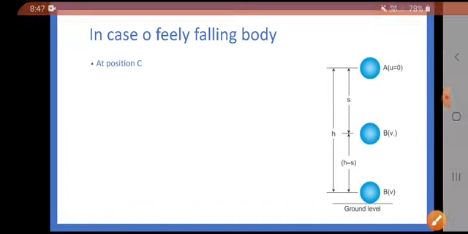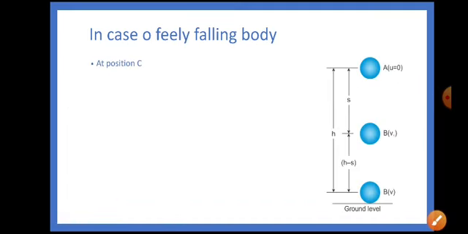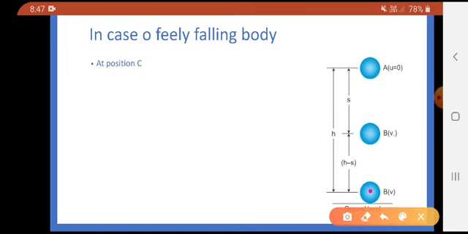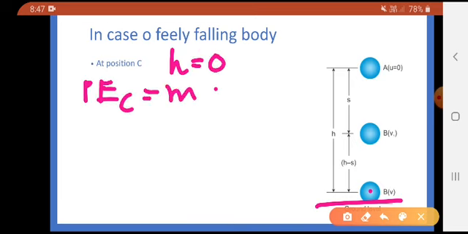Now the body comes down and reaches point C. It reaches the ground. So what is the height when it reaches the ground? Height becomes 0. So potential energy at C equals mgh, with h equal to 0.